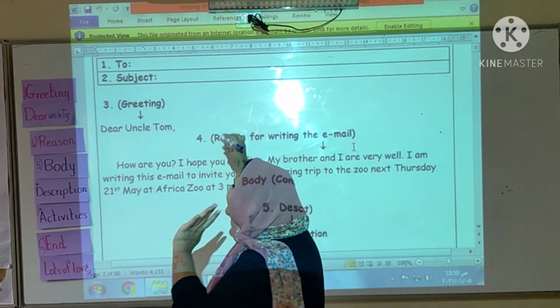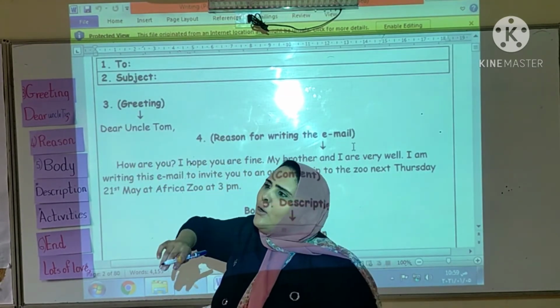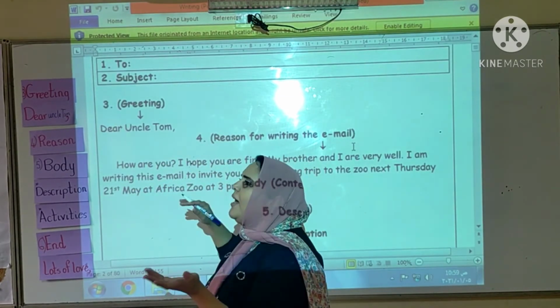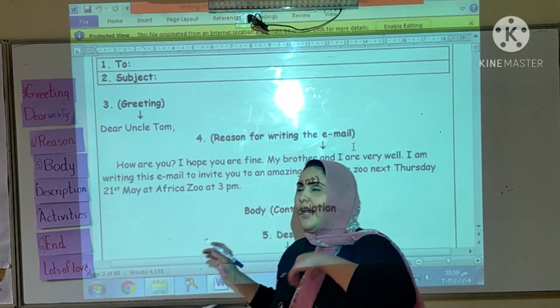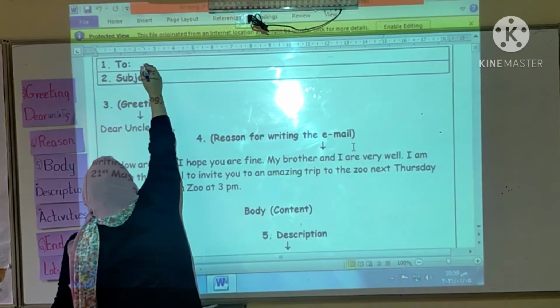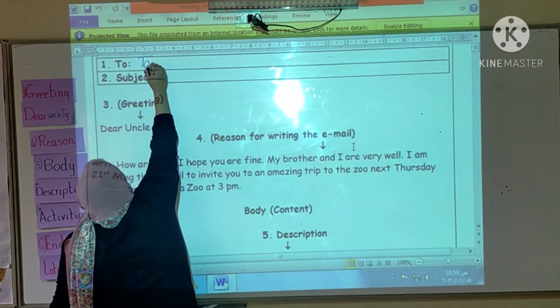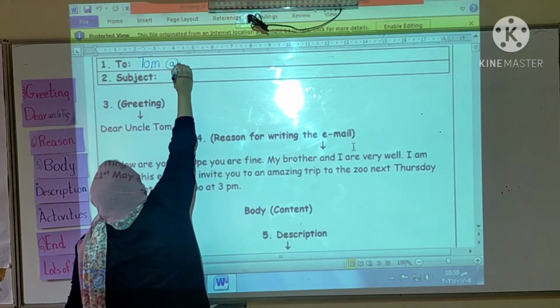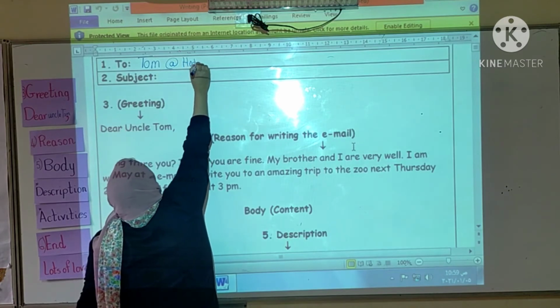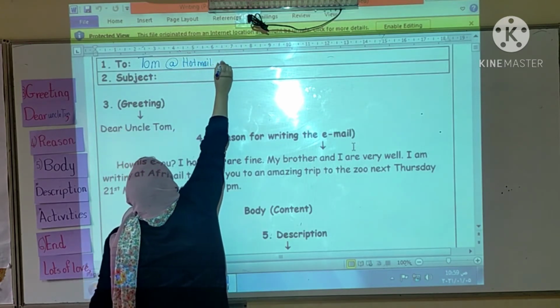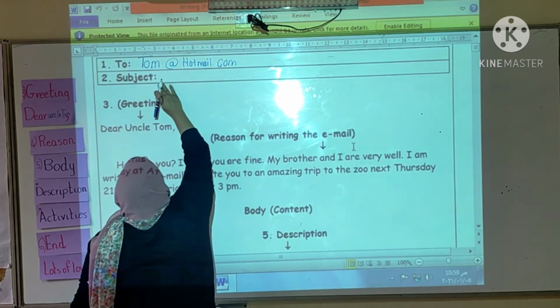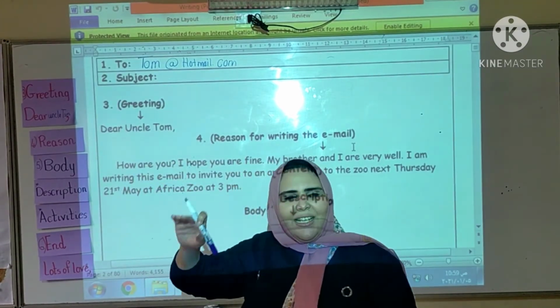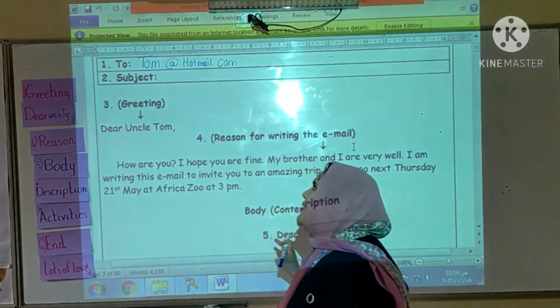You can just write his name and then you can say at Yahoo or hotmail.com. Okay? So to Uncle Tom at hotmail.com. This is the email address. It is called an email address.